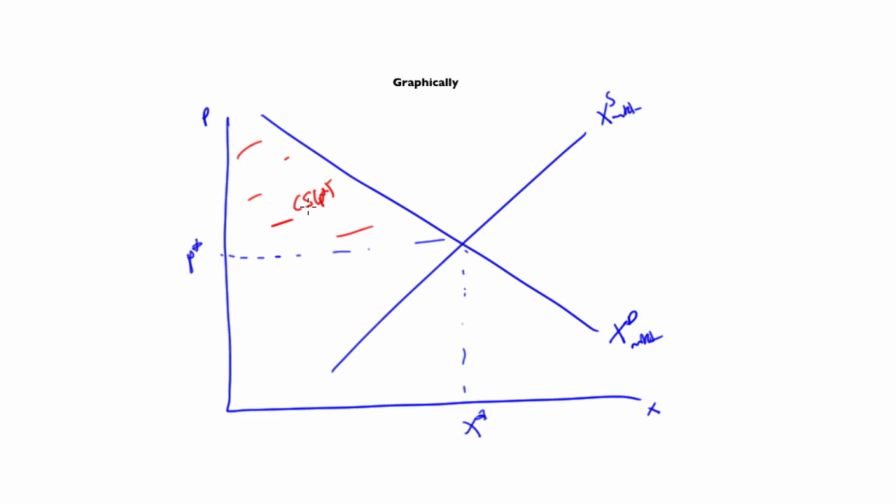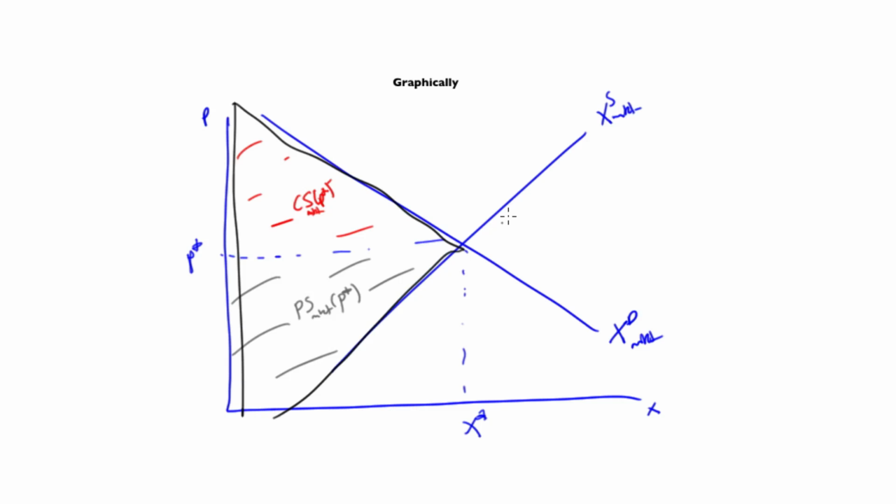In the aggregate, for the market, this area is the producer surplus at P star. Seen this before, and what we just proved is that both areas together, all of this, is the social surplus at P star, which is just the consumer surplus at P star at the market plus the producer surplus at P star at the market.